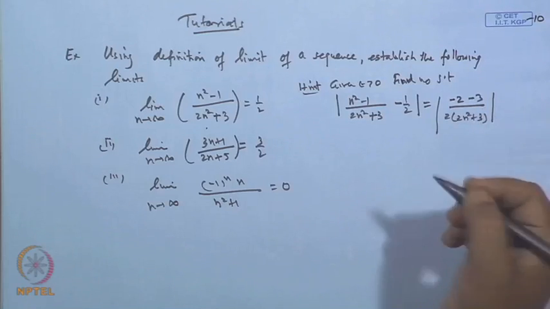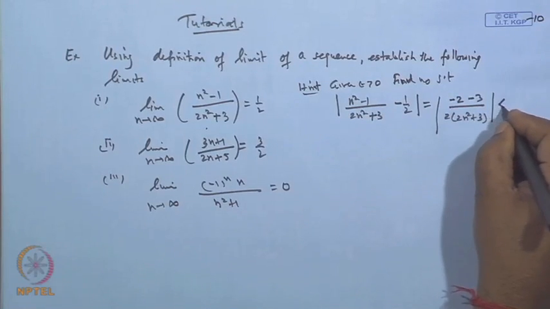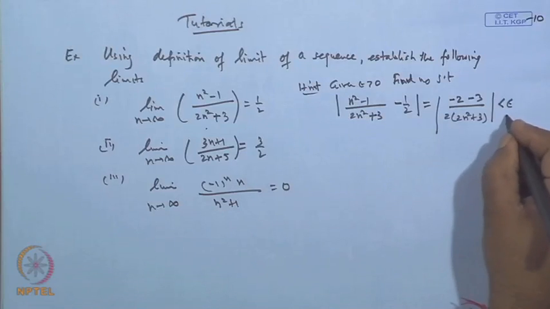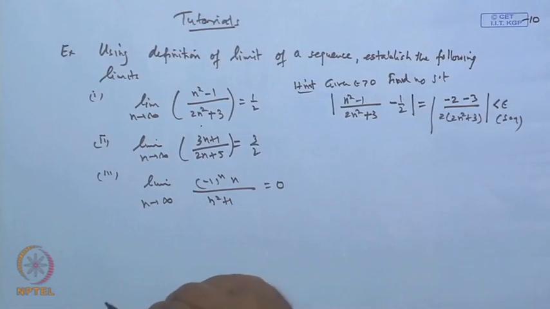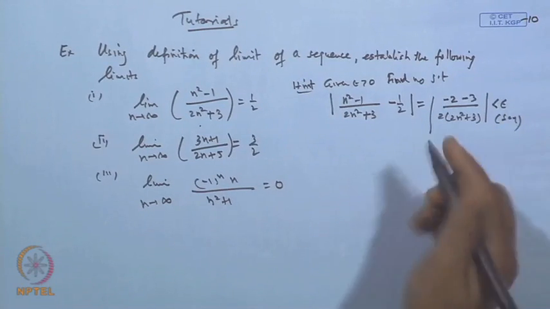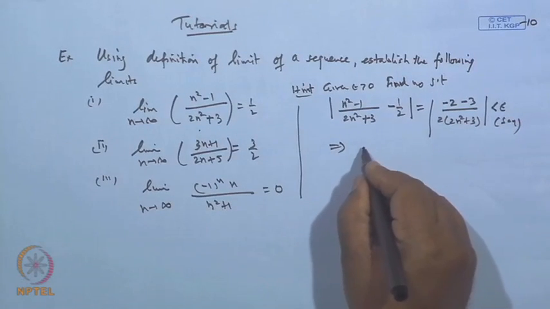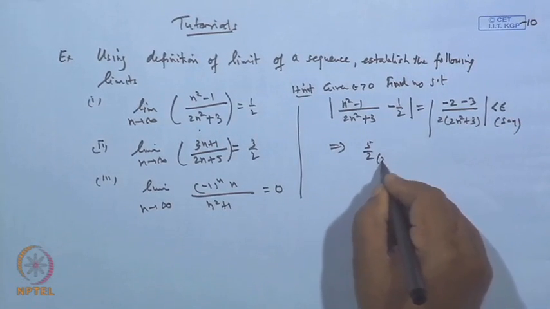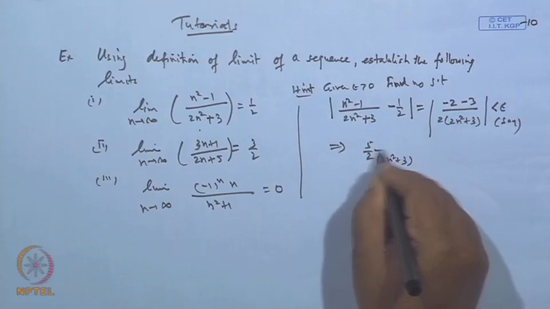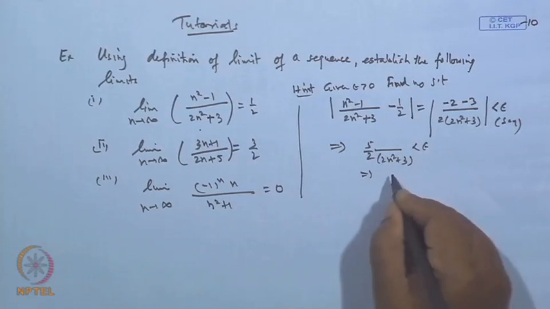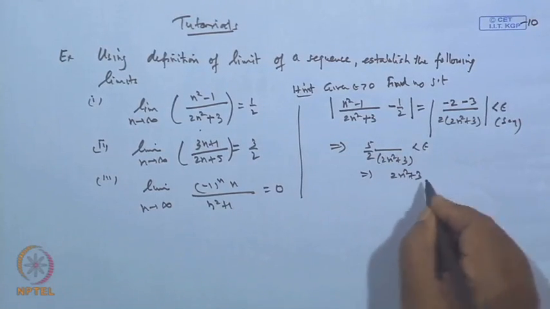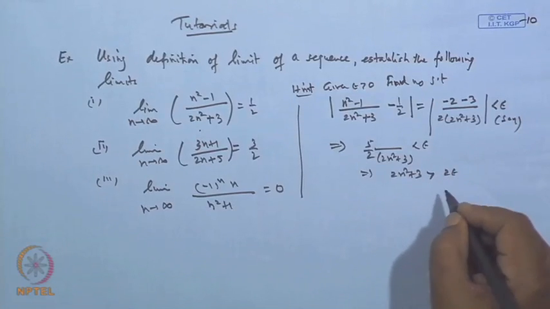Okay. So, we want this to be less than epsilon. This will give 5 by 2 times 2 n square plus 3 is less than epsilon, that is, 2 n square plus 3 is greater than 5 over 2 epsilon.